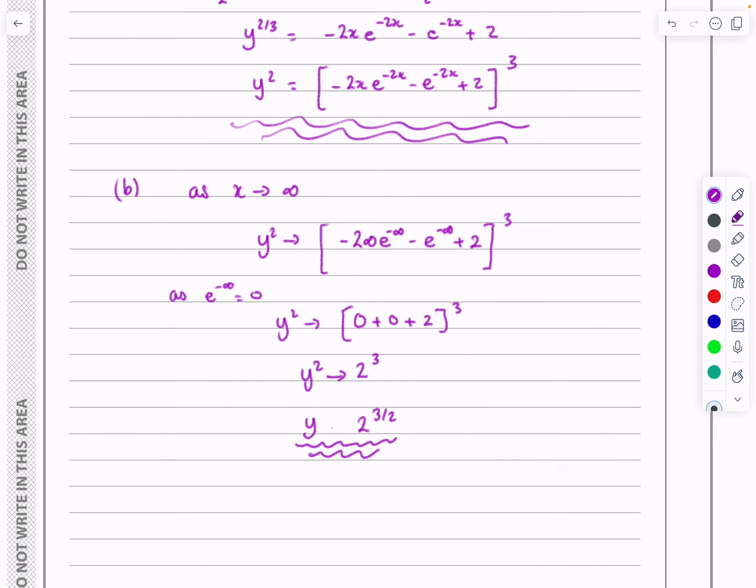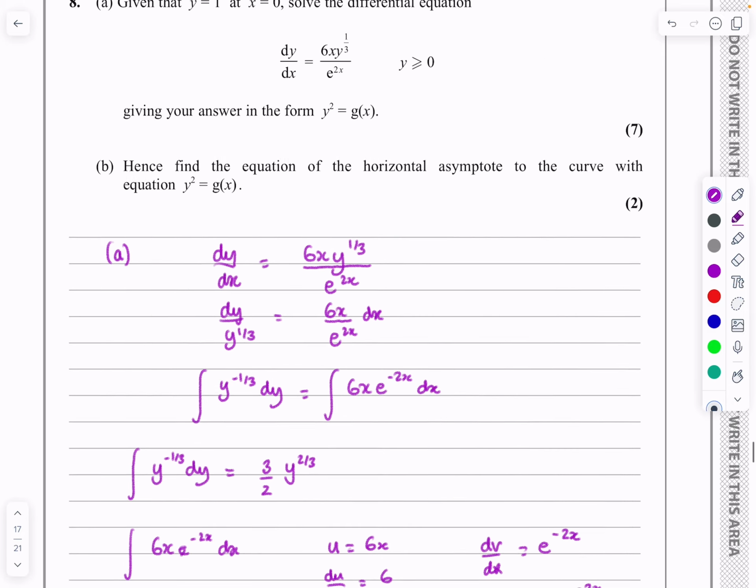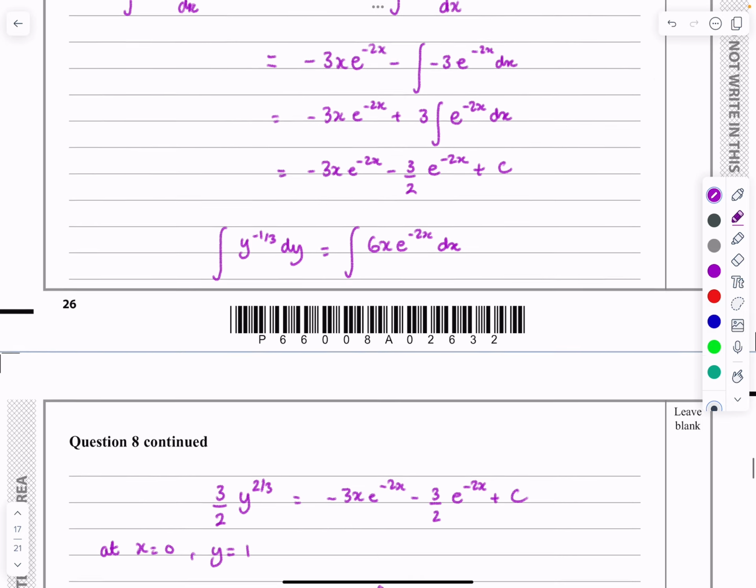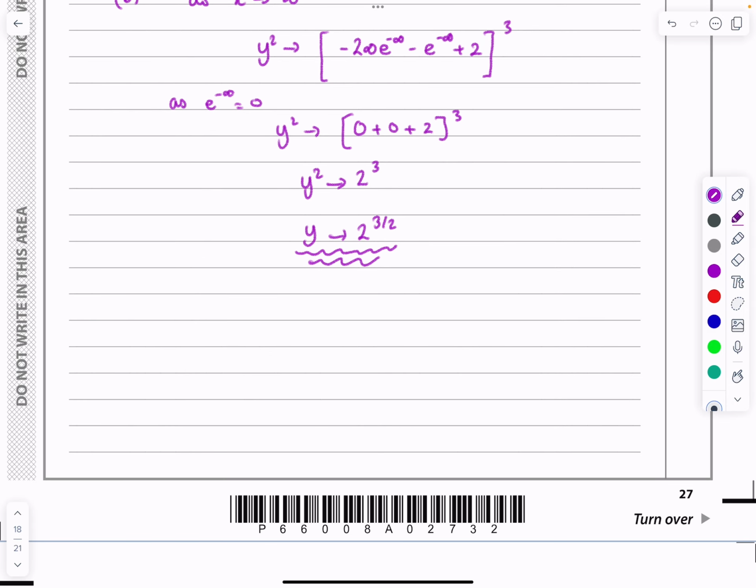Finally, the horizontal asymptote would be y equals 2 to the 3 over 2, or root 8, whichever way round, depending on what they've got in the answer scheme, but I'm quite happy to have it like that. Okay, hopefully that all makes sense to you.